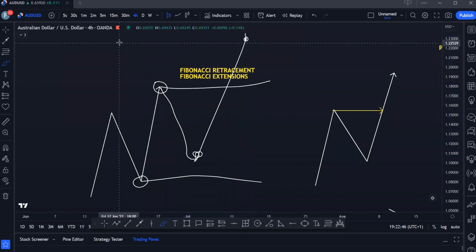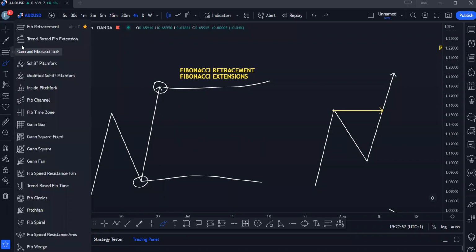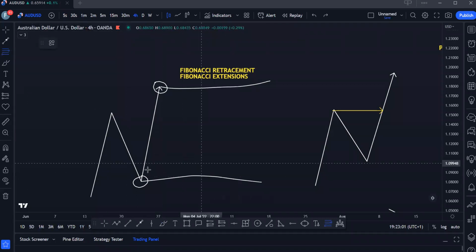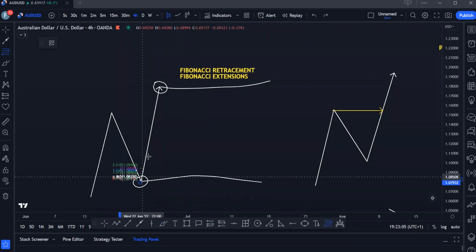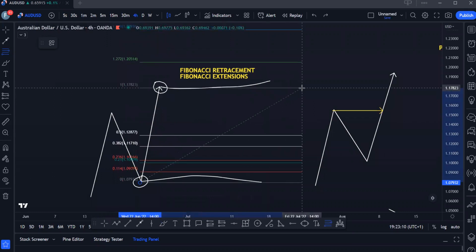So how do you know your fibs? Let's quickly do that. There's a tool on your TradingView, over here, the Gann and Fibonacci tool. You see Fibonacci retracement. We want to measure from this higher low, and you take it up to this higher high.